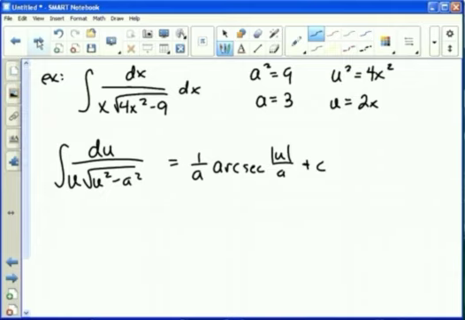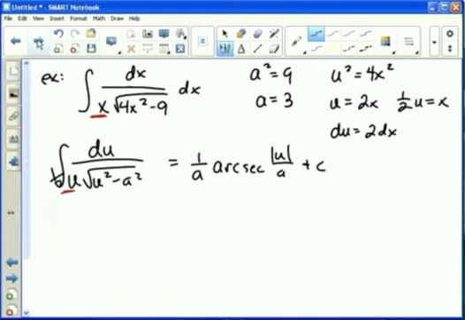Now the reason I chose to do an arcsecant problem is it's the trickier one, because not only do you have to make your du match, you have to make the u match. Okay, well this says u should equal 2x, but if you look, we just have 1x. So we're going to have to adjust that and make it 1/2 u equals x. So I'm going to put a 1/2 out in front of my u. Same with du.